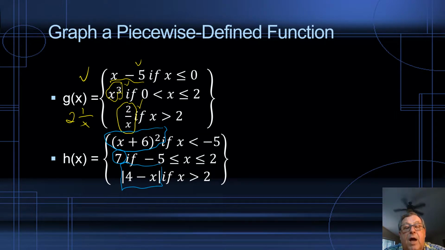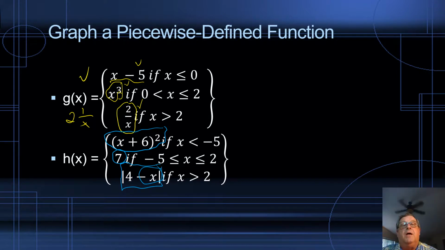Okay, so we've got an absolute value parent function. We're going to have a horizontal transformation and a dilation if x is greater than 2.